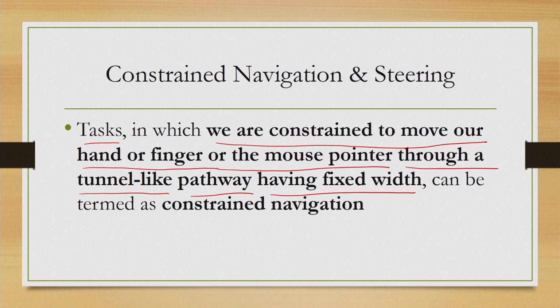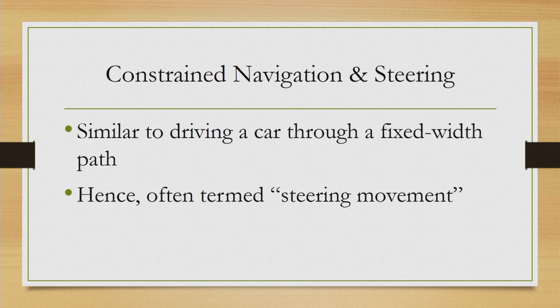If these conditions are met, then we can say that we are dealing with a constrained navigational task. Now, this task can be equated with the problem of driving a car through a fixed width path. When we drive a car through a fixed width path, we get to see similar behavior, and accordingly this constrained navigation is often referred to as steering movement.